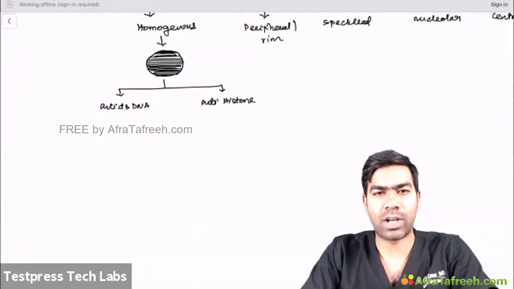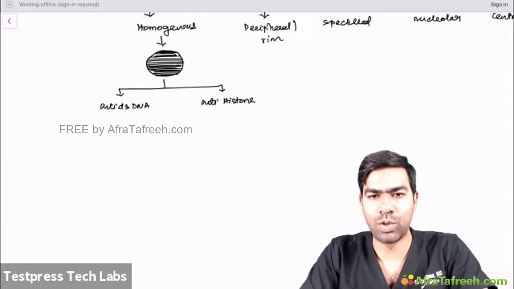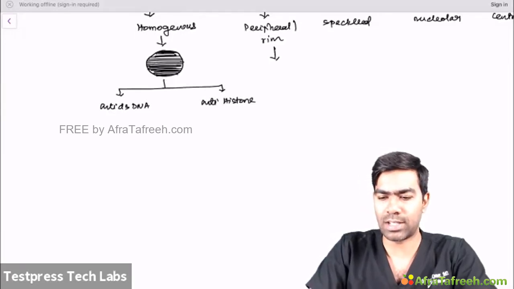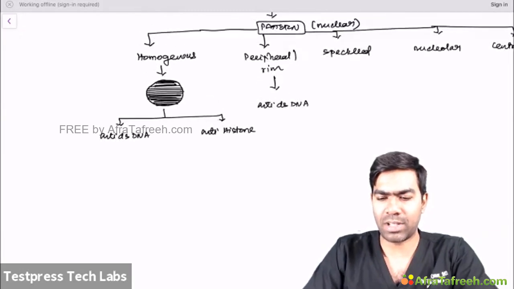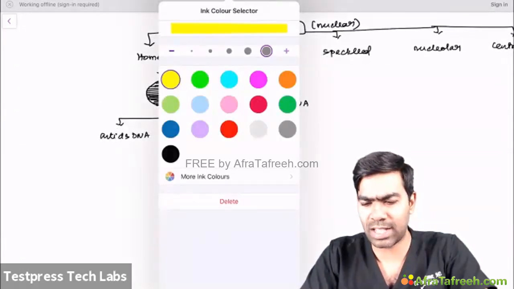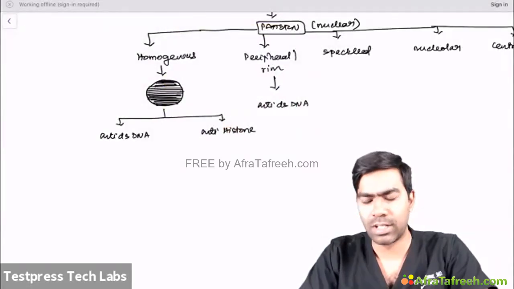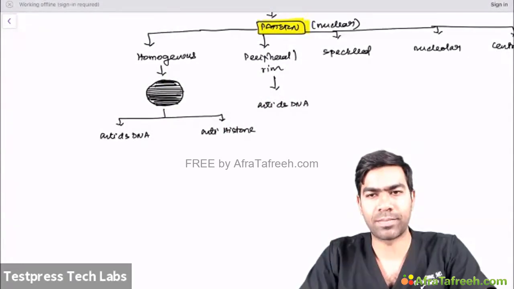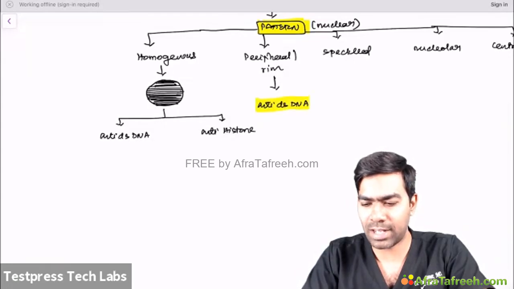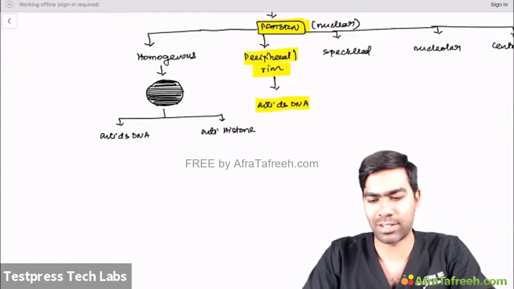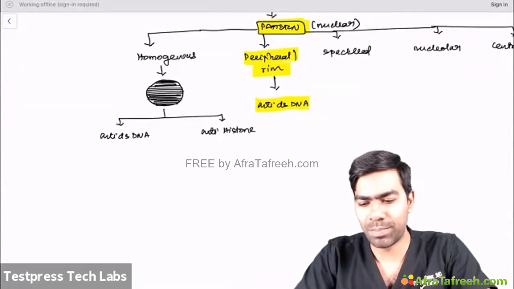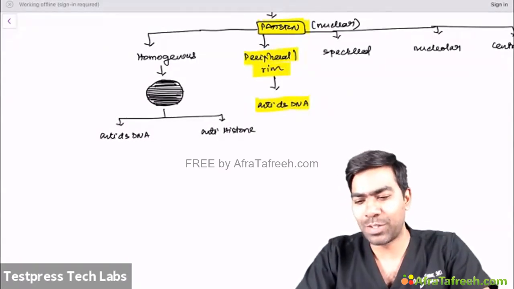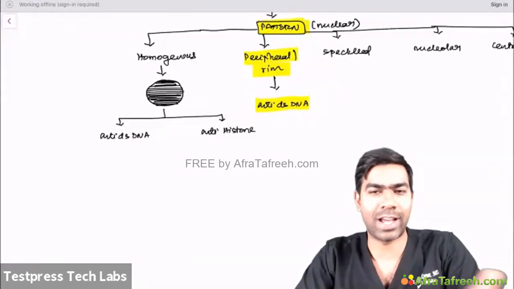As far as the peripheral or rim pattern is concerned, it usually points to only one antibody in reality, that is the anti-dsDNA antibody. Sometimes, just to confuse you, because this has absolutely no clinical relevance, they will ask which of the patterns you see in SLE immunofluorescence is specific for the diagnosis of systemic lupus erythematosus.